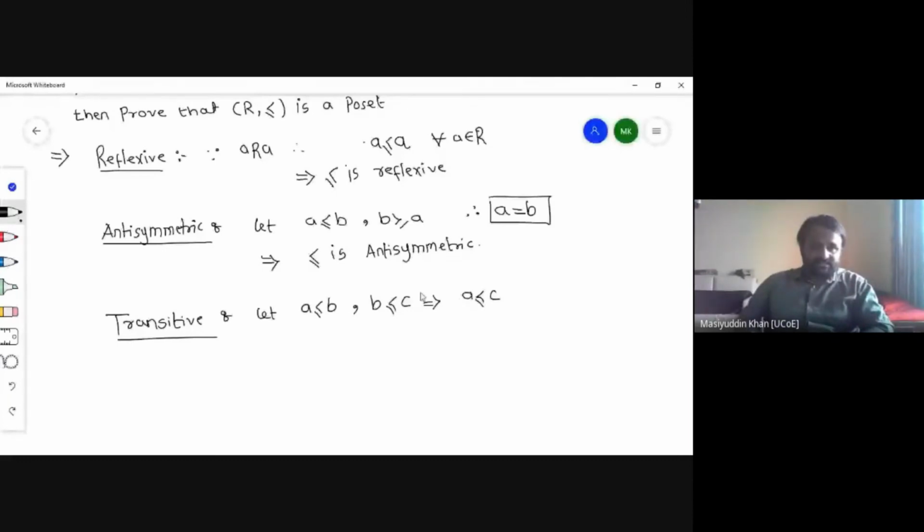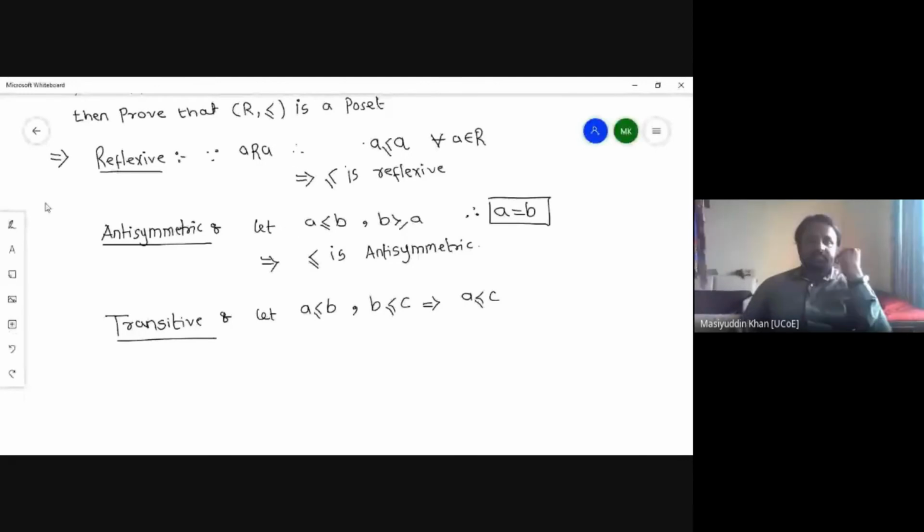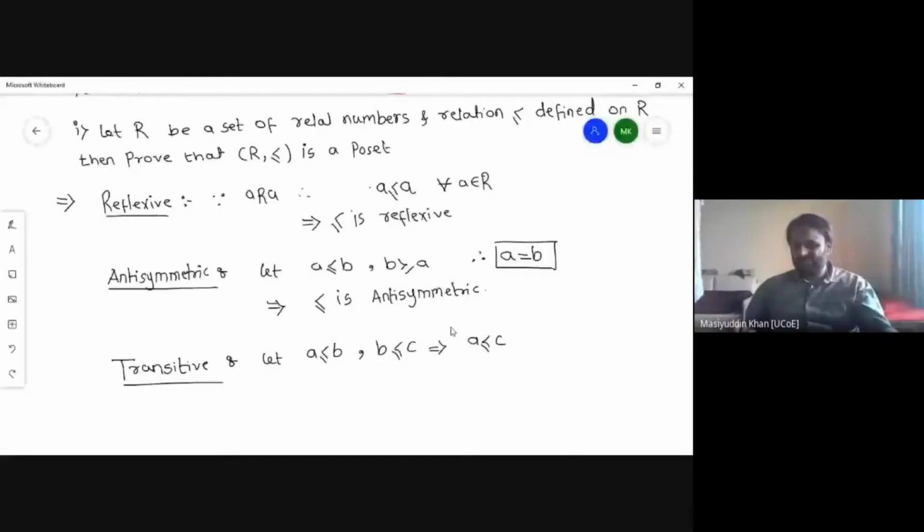Because it is a real number, you can take any numbers which fulfill these conditions. Take real numbers that can fulfill the condition. So A is less than or equal to B, B is less than or equal to C. If this condition holds, one number is less than or equal to another number, and that number is less than or equal to the third number, then the first number will by default be less than or equal to the last number. So that condition is clearly satisfied. If this condition is in mathematics... Wait, let me finish first. A is less than or equal to B, B is less than or equal to C. If these conditions are satisfied in mathematics, this means A is less than or equal to C, so that is why it is written here that A is less than or equal to C. Just wait, I am giving you time; once I finish this question I will ask about any doubts.